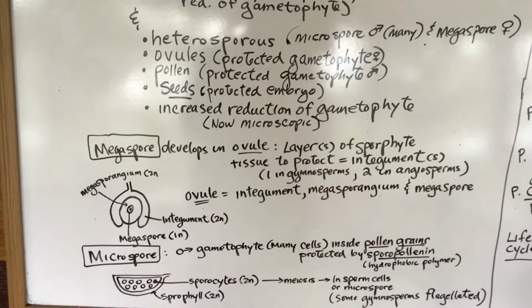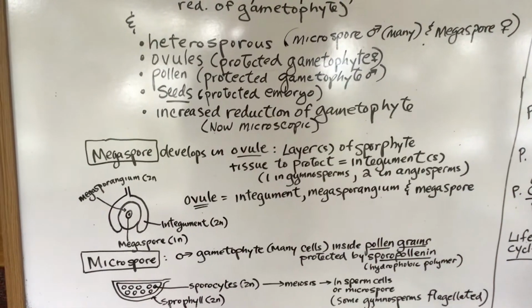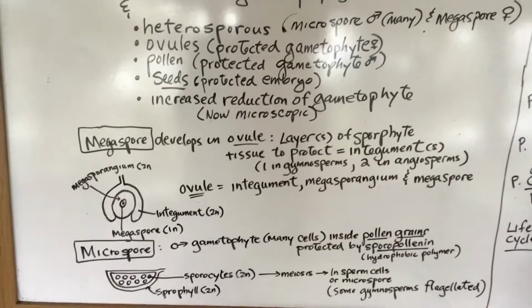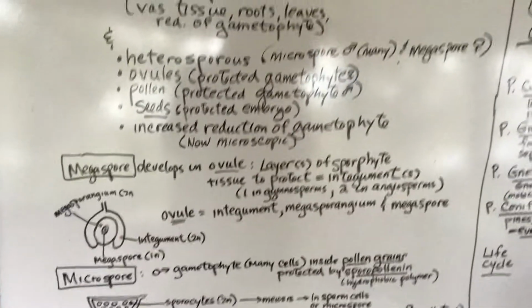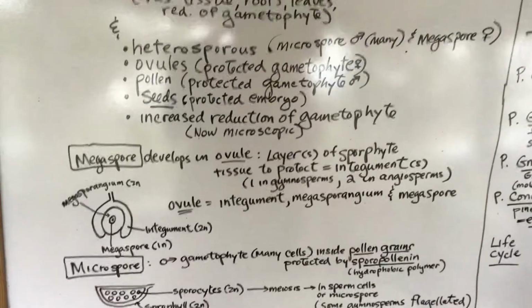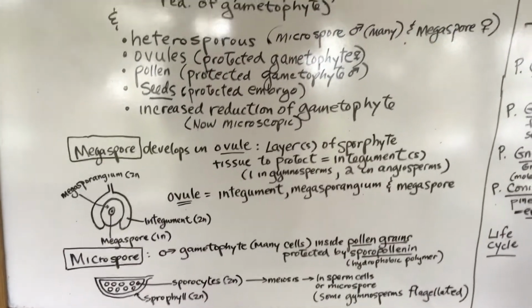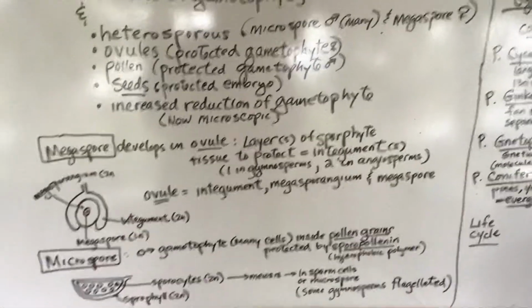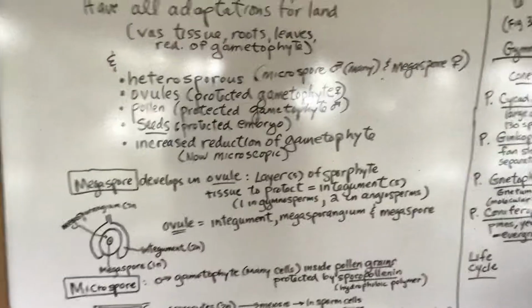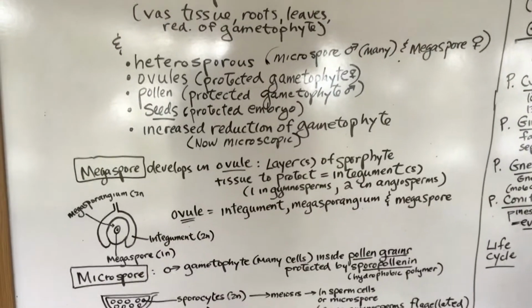Both the megasporangium and the integument are 2N. That means that they are the sporophytic part of the structure. So the ovule is layers of sporophyte tissue that protect the gametophyte. They include the integuments, and there will be one in gymnosperms and two in angiosperms.